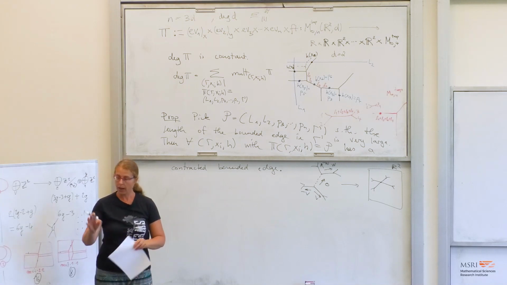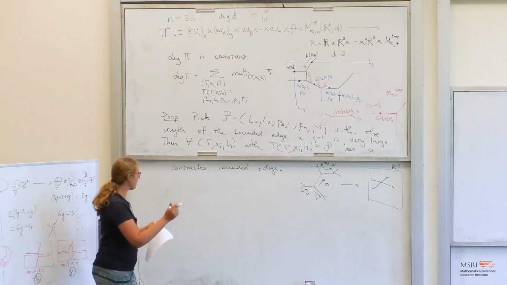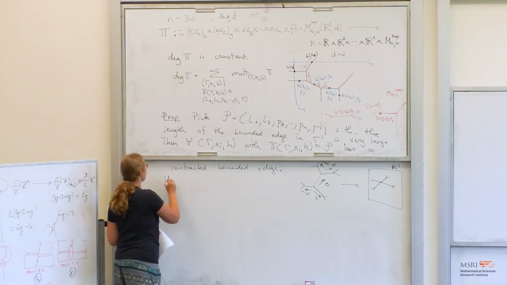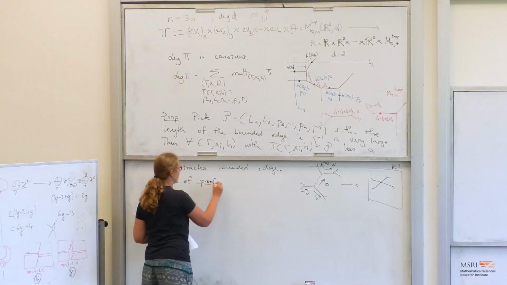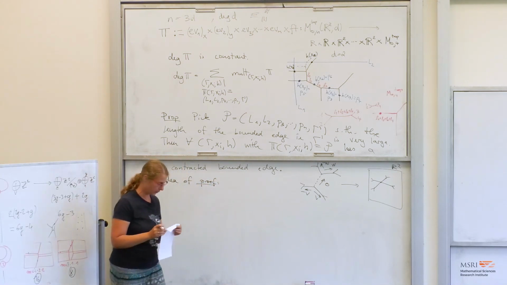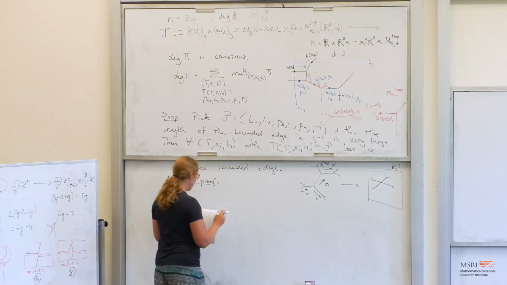Yes. Let me actually tell you. I write down something about the idea of proof of this proposition, and that idea of proof will also tell you something about what very large actually means. Yeah, good question. So what do we do?